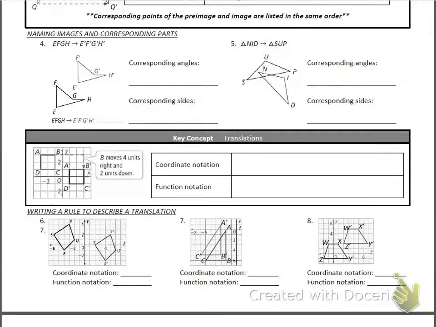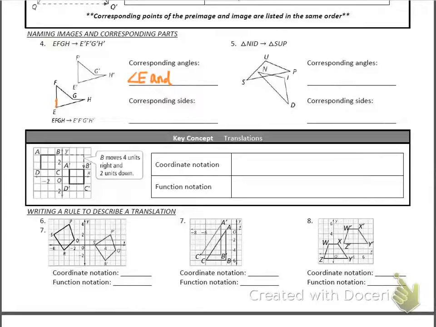So I'm going to do the first one with you guys. So this, 1, 2, 3, quadrilateral EFGH maps to E prime, F prime, G prime, H prime. So let's first list the corresponding angles. I'm going to start with angle E. Which angle corresponds to angle E?